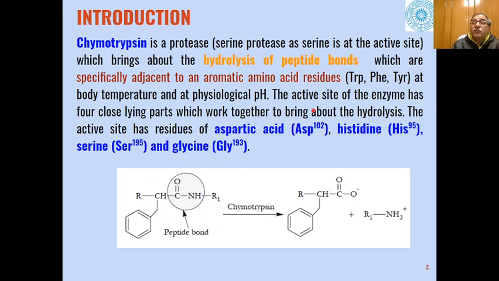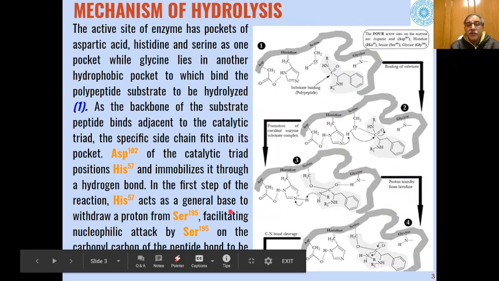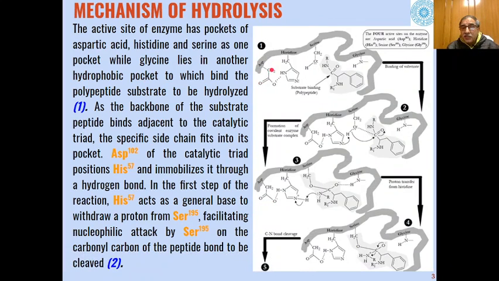For the hydrolysis of these peptide bonds, this enzyme has these active sites: aspartic acid 102, histidine 95, serine 195 and glycine 193. Say this is a strand of the enzyme with aspartic acid, histidine, serine and glycine.